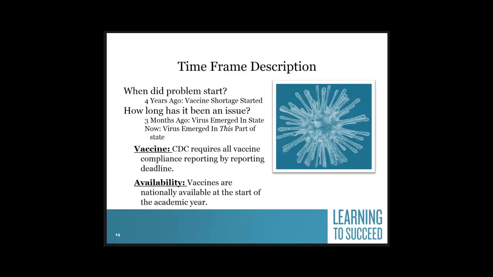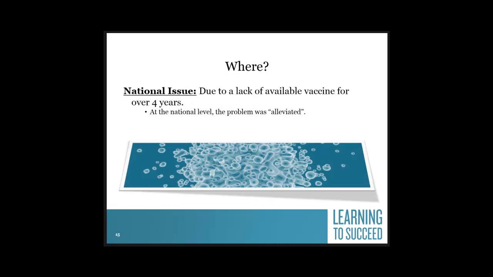In an effort to comply with the CDC's orders, vaccines will need to be administered at the start of the next academic year. As mentioned, this is a national issue since the vaccine wasn't available until recently. However, since the supply issue has been resolved, the problem has been alleviated at the national level.